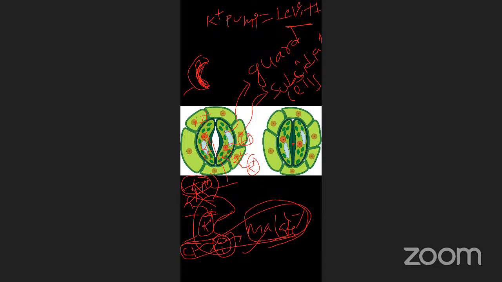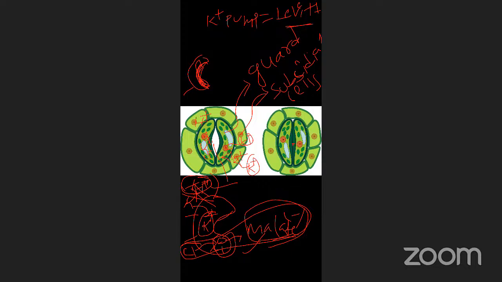Where is the high water potential? In the subsidiary cell. Where is the low water potential? Guard cells. Now water movement is high to low, from which cell to which cell? Subsidiary cell to guard cells.